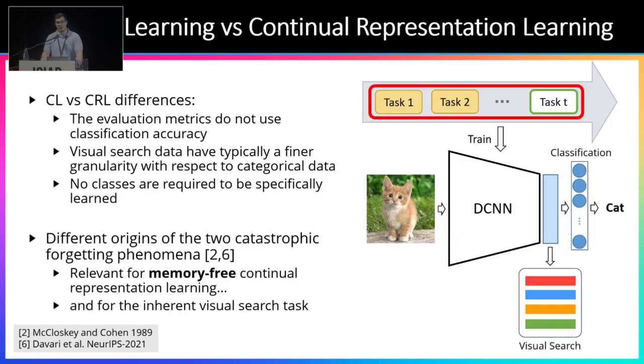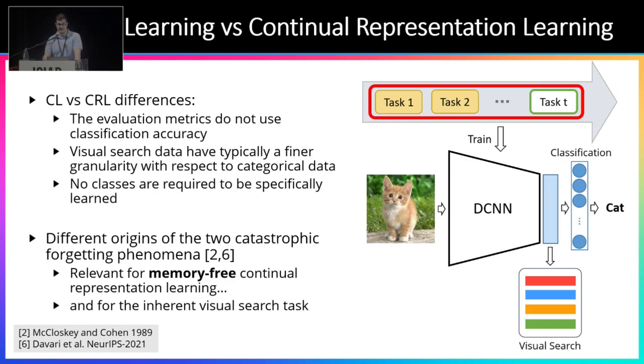However, to better comprehend the difference between continual learning and continual representation learning, we now highlight the differences between these learning settings. First, the evaluation method in visual search does not use the classification accuracy. Second, visual search data typically have a finer granularity with respect to the categorical data used in classification.